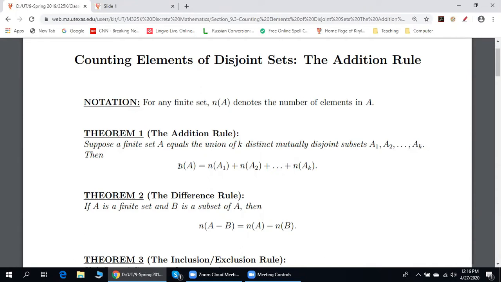Then the number of elements in A is the number of elements in A1 plus the number of elements in A2 plus and so on, plus the number of elements in Ak. So theorem 1 is pretty obvious.